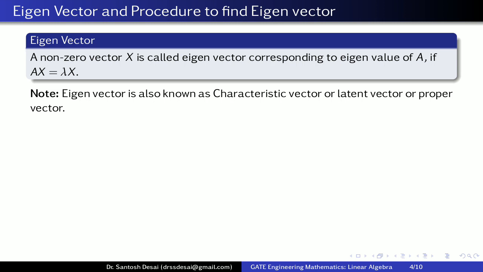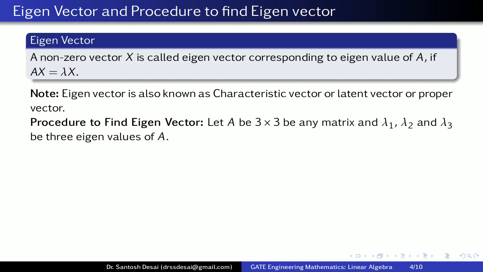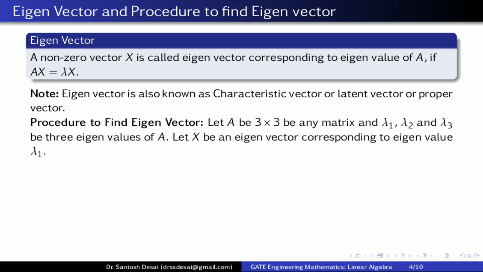Now we consider the procedure to find the eigenvector corresponding to eigenvalue lambda. Let A be a 3 by 3 matrix and lambda 1, lambda 2 and lambda 3 be the three eigenvalues of A. And let capital X be an eigenvector corresponding to eigenvalue lambda 1.